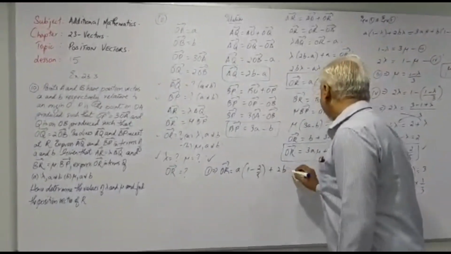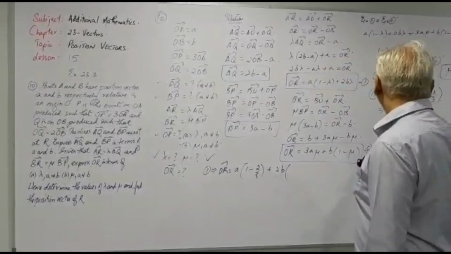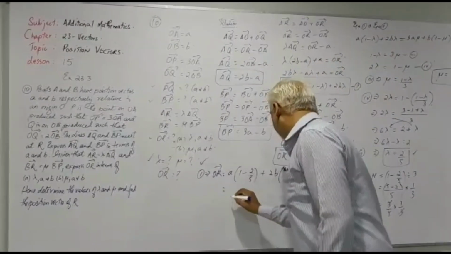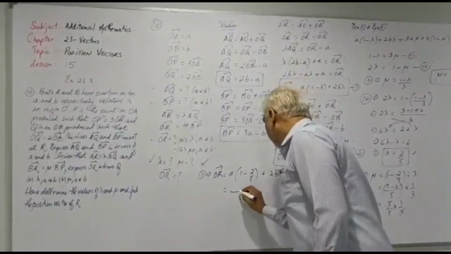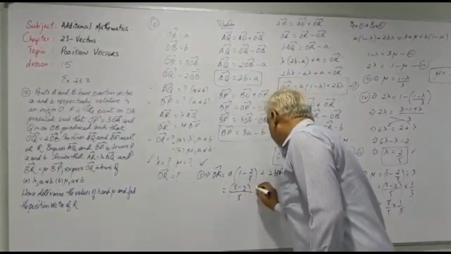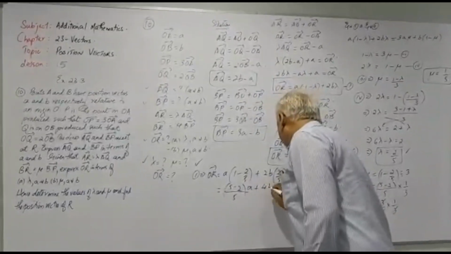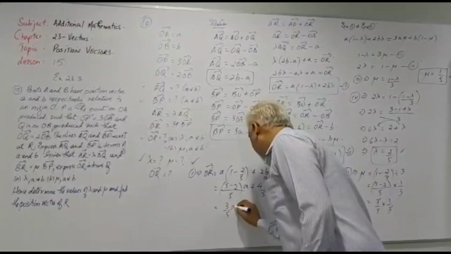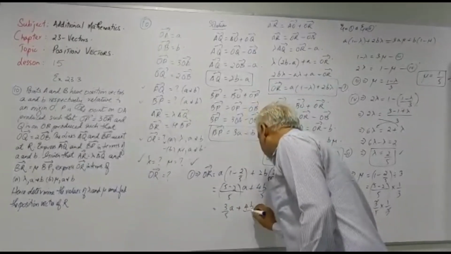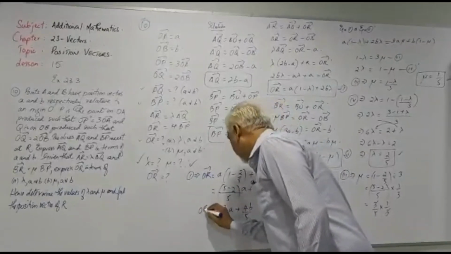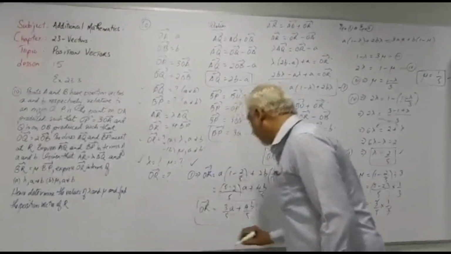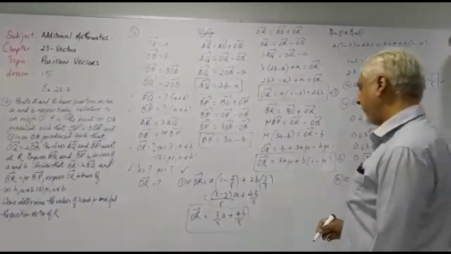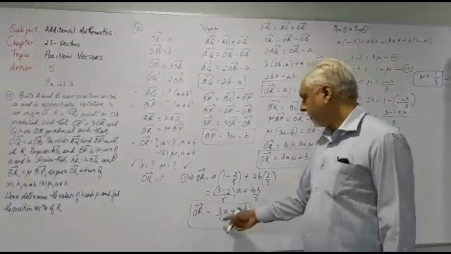So taking 5 as your LCM, (5 minus 2)a plus 2 twos are 4, b over 5. 5 minus 2 will give you 3, so 3 over 5 a plus 4b over 5. Okay, so this is what OR equals: 3 over 5 a plus 4b over 5. You can leave the answer till here, or you could take 5 common.